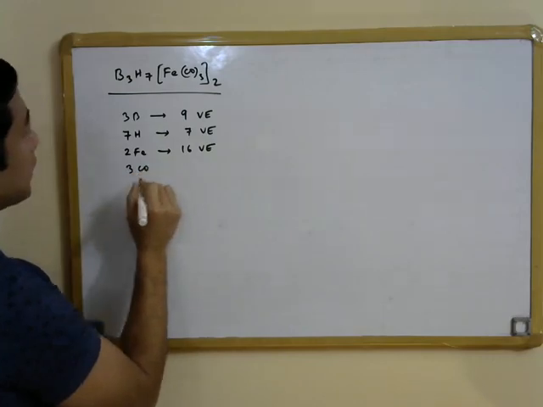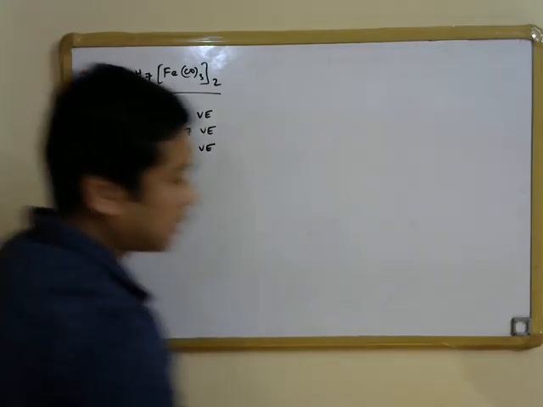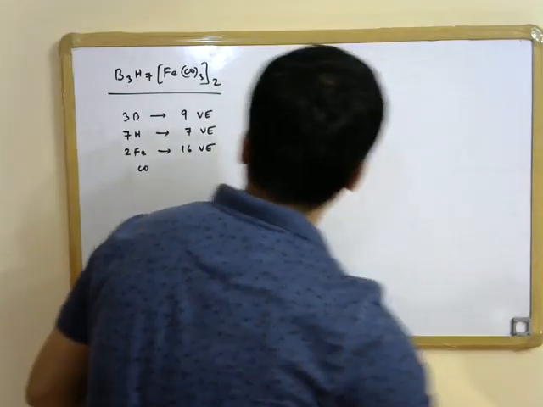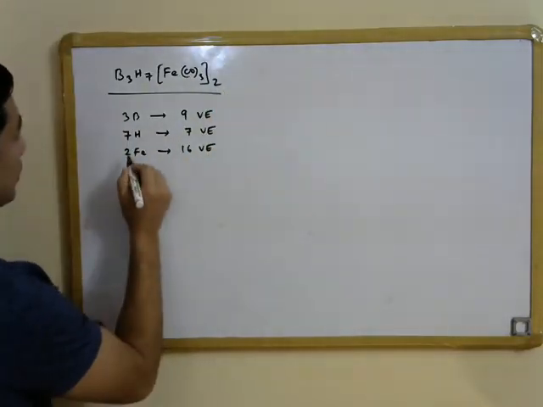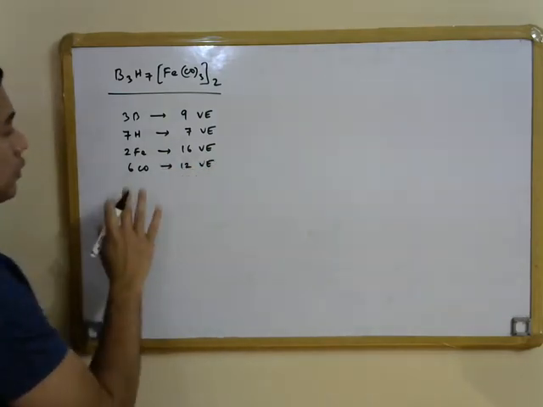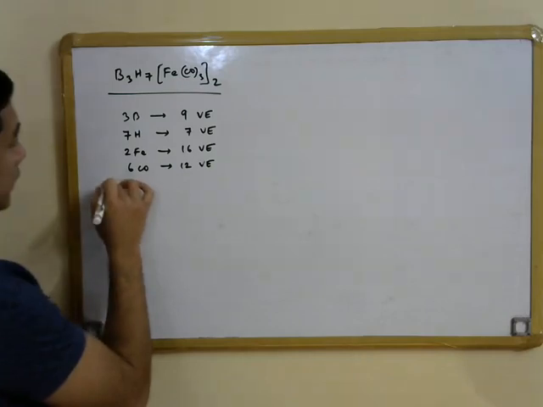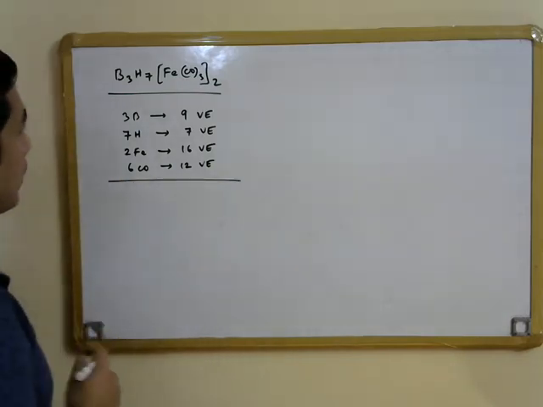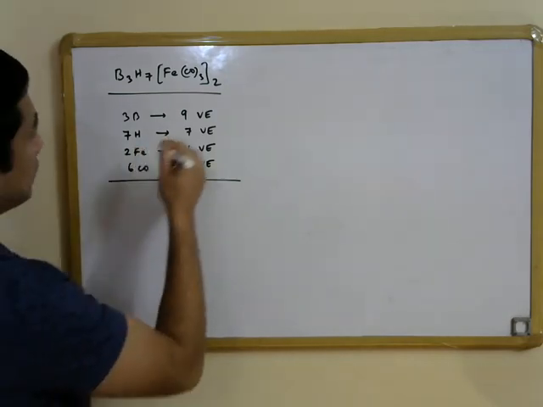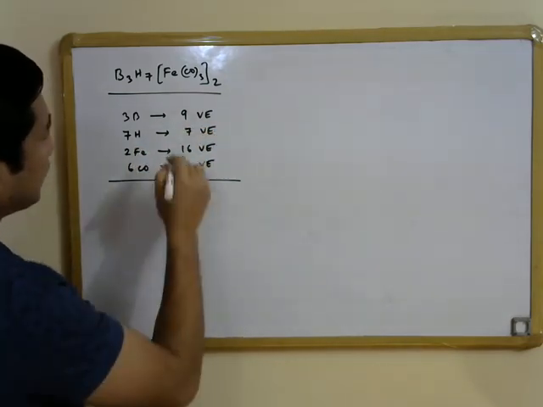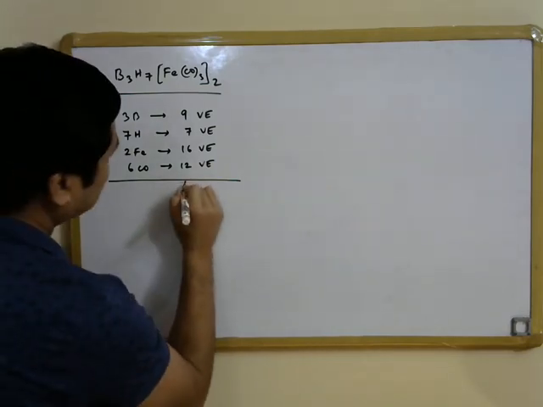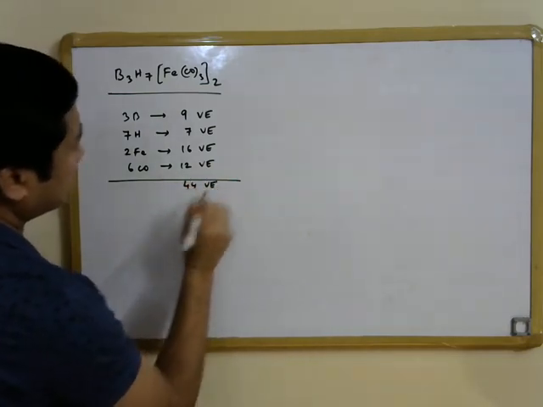So there are 6 carbonyl ligands in total, because this group is present 2 times. So total 12 valence electrons from the 6 carbonyl ligands. So let us count the total number of valence electrons in this cluster: 9 plus 7, 16 plus 16, 32 plus 12 is 44 valence electrons we get.